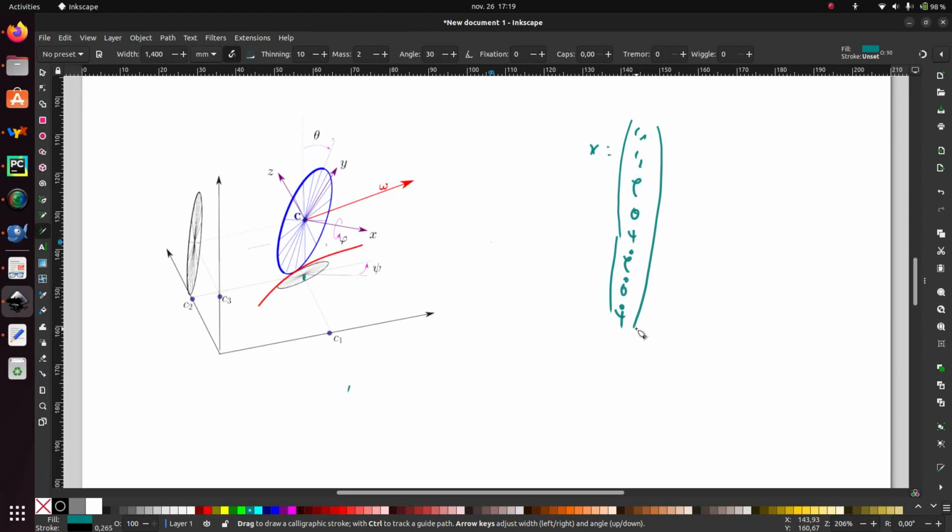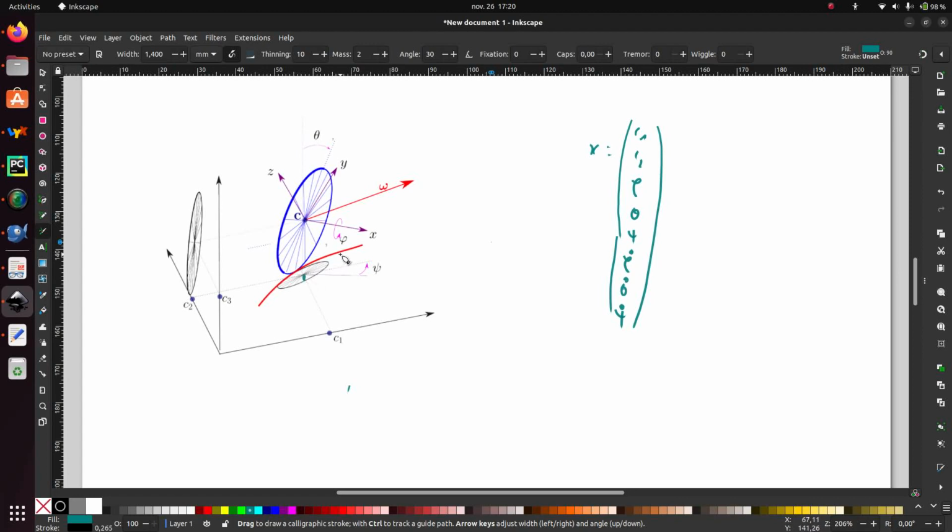So phi corresponds, along the x-axis, to the spin angle. So the wheel spins around x. Theta is a stand angle, so it means that when theta equals 0, the disk is vertical.